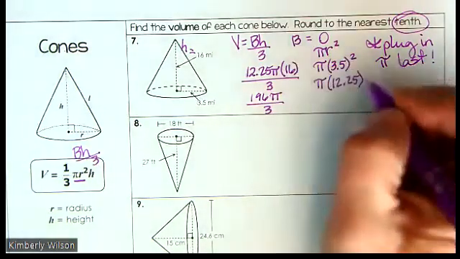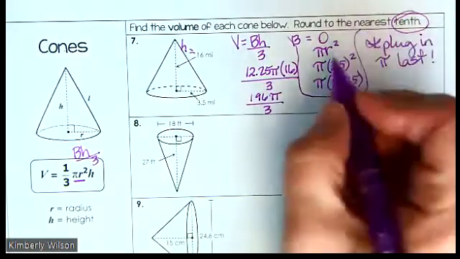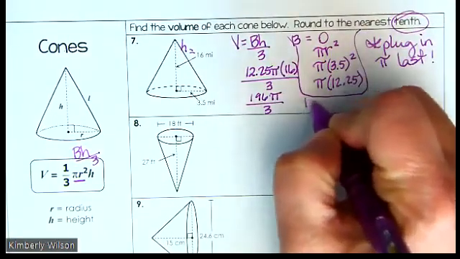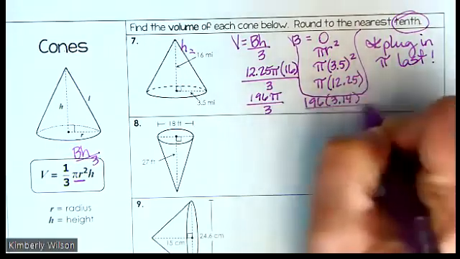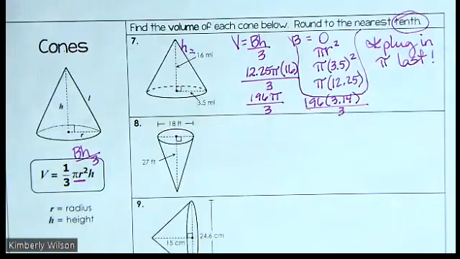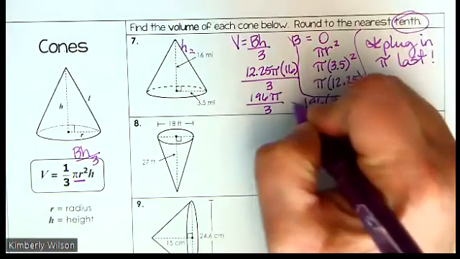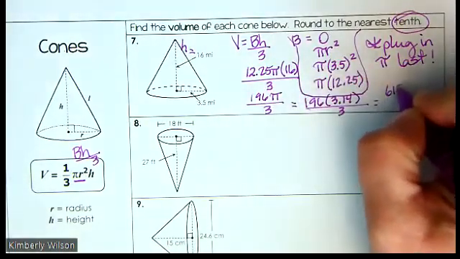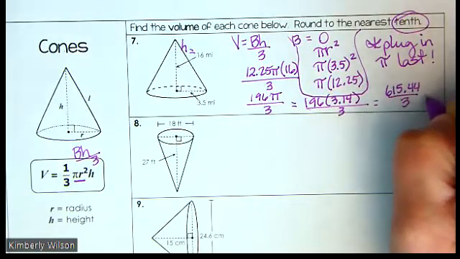Okay, so now I'm plugging in the 3.14. So we have 196 times 3.14, all divided by 3, which is 615.44 divided by 3.